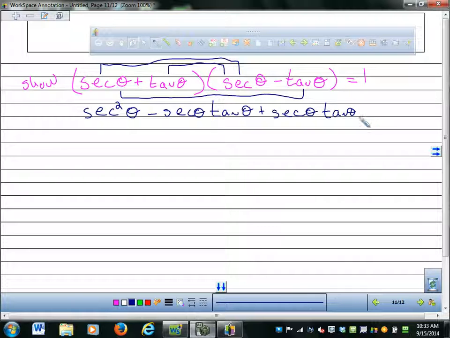What do the two last terms give you? Minus tan squared theta, right? Got it? So notice I'm not messing with this or dividing by anything. What could go away? These two terms cancel each other out, right? So you get secant squared theta minus tangent squared theta. And you want to know, is that equal to 1?